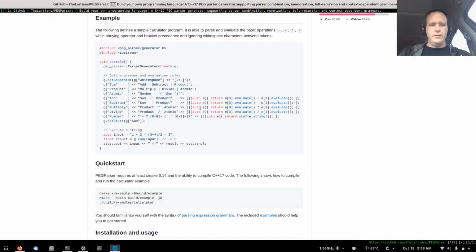Okay, so let's look over here. One thing I didn't really notice before is they have a product on the left. Ah, that makes sense. So on the right is always an atomic. You never have product and then the operator and then product. So that is probably where I'm going wrong.